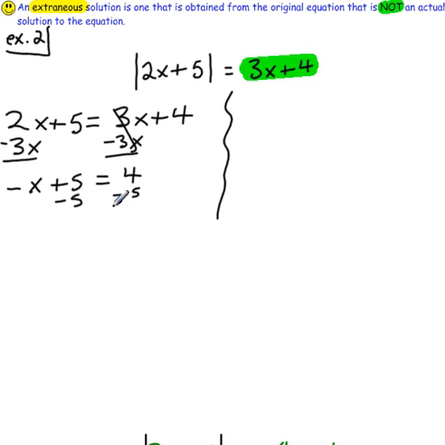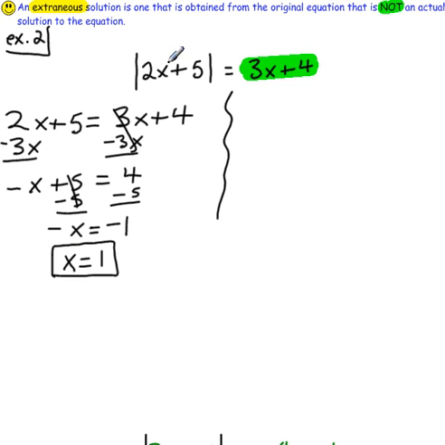We'll subtract 5 from both sides. And negative x is equal to negative 1. So, if negative x is equal to negative 1, then that means x must be equal to positive 1.